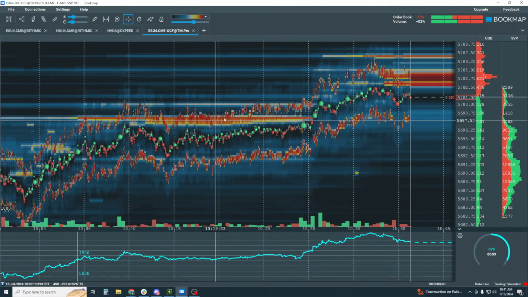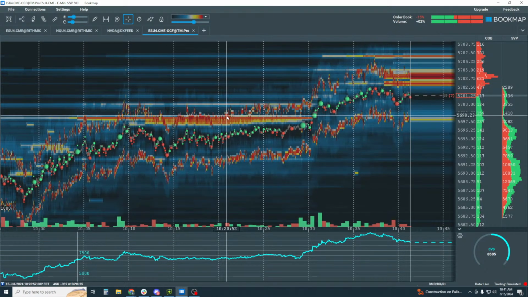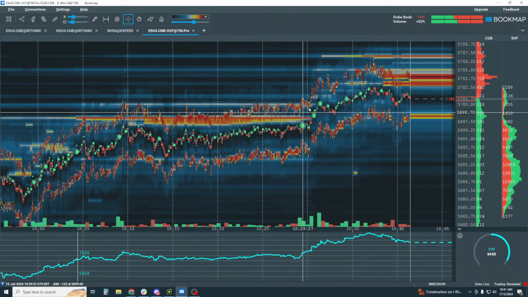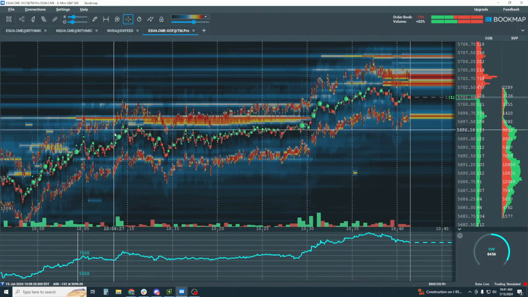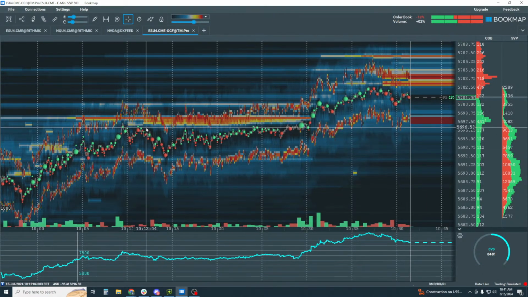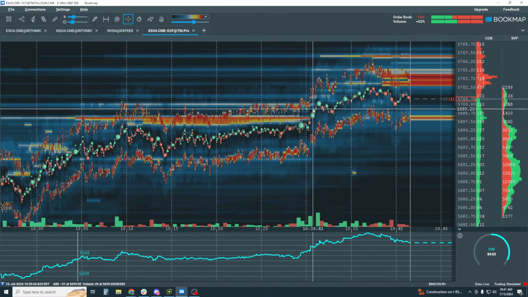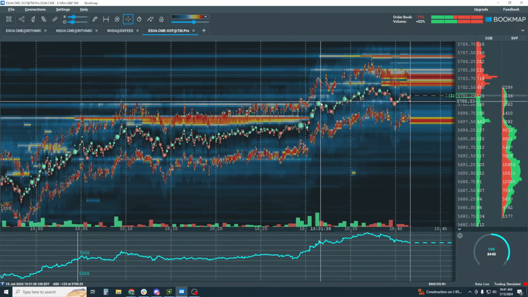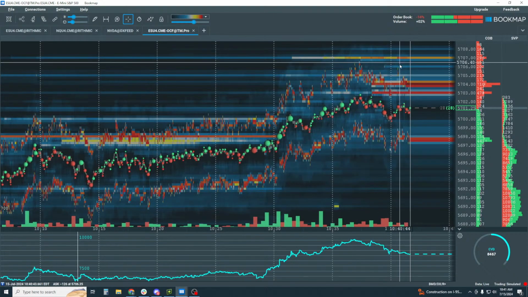To break the bounds of gravity, it needs a lot of thrust. So in this case, for the market to break out from an area where it's comfortable to trade in value, it needs a lot of buyers to move it away, or a lot of sellers to move it away. Okay, and that's how I read it.